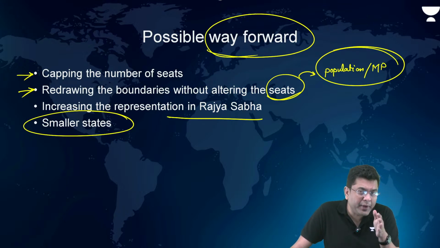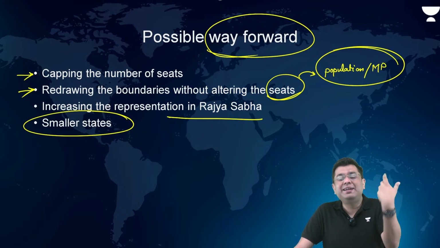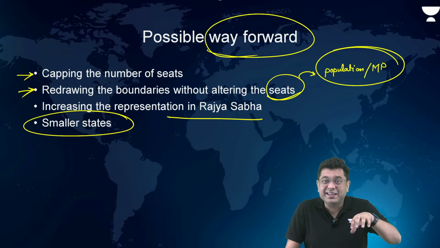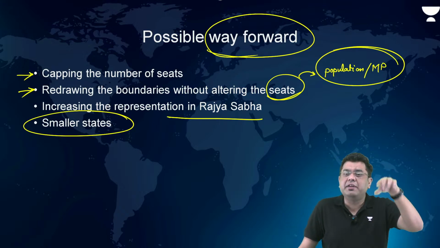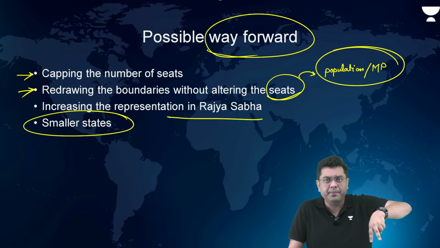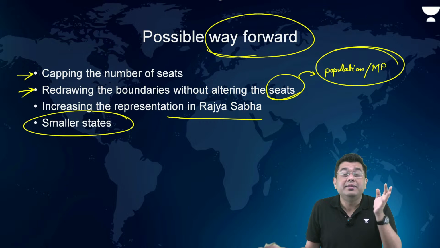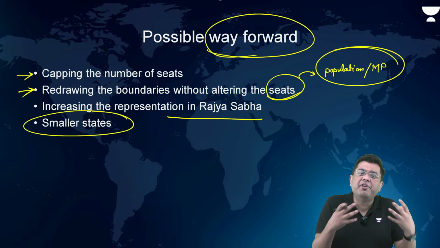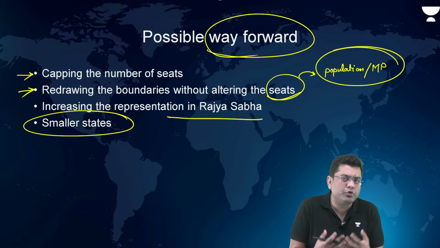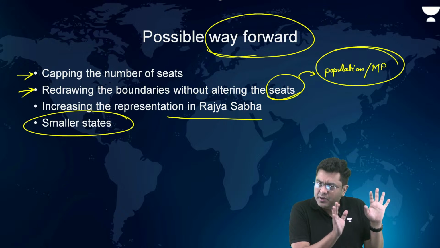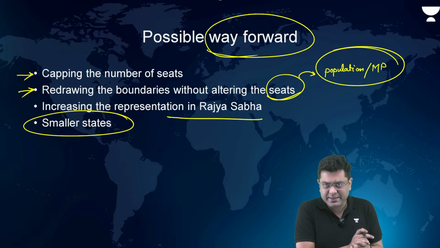So that is where we can redraw and increase the number of seats in the state legislature, increasing the power given to the state government at the same time. And that will ensure holistic development. In that way, the grievances of the population, which we have to cater to, can be significantly addressed.